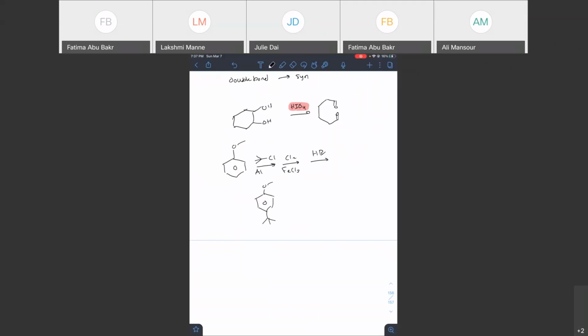Then we're going to have a chlorination. So for chlorination, we're going to have to consider where everything is directing to. And so basically this is actually more activating, so it's going to go to the ortho position for this one, right? This is just based on your chart, which I kind of remember, but not completely. But I'm pretty sure that this is more activating than just an alkyl group.